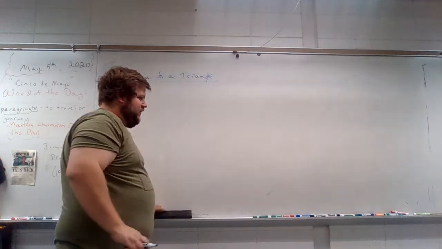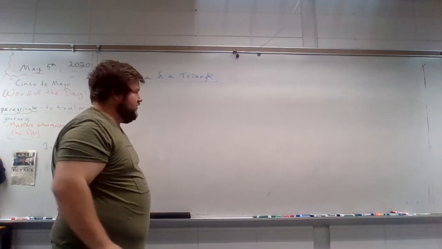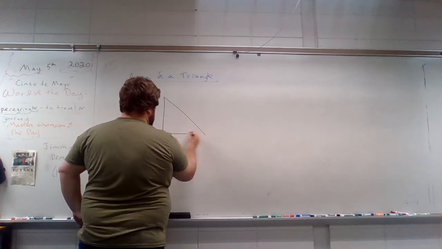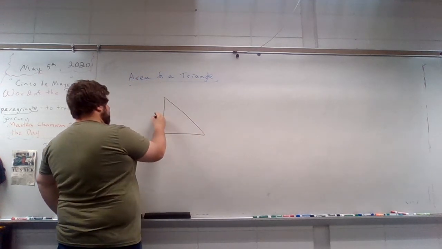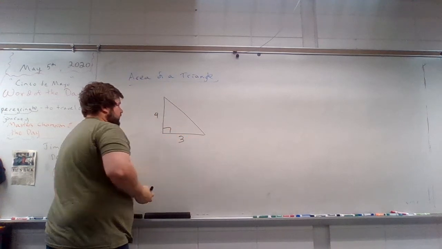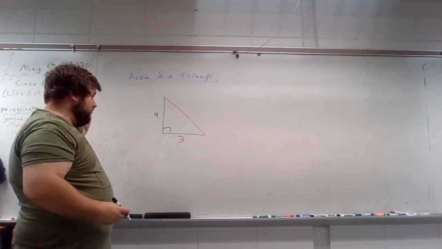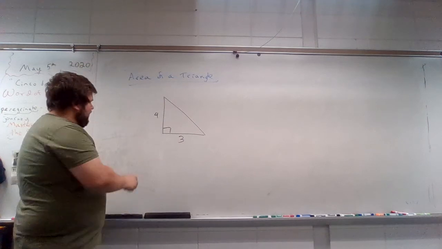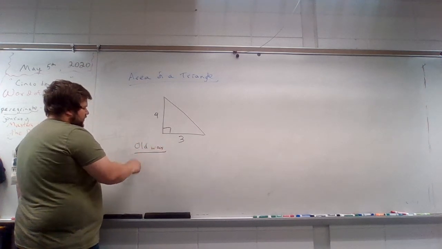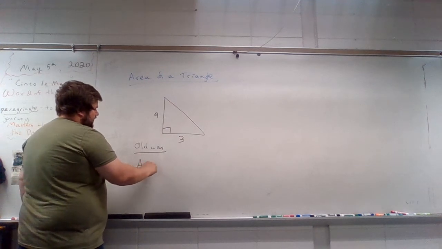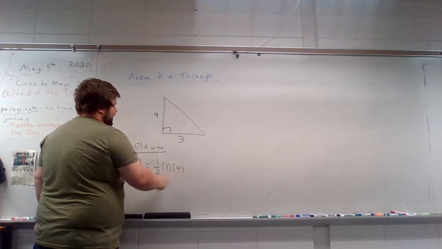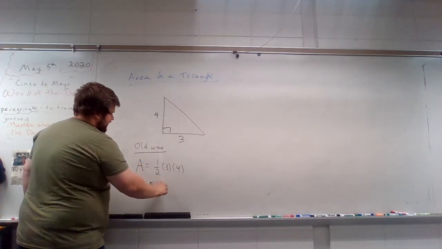Actually, let me do this first, and this might convince you of this formula. Let's take this one. So I have this triangle. The old way, which still would be fine on this one: that area is 1/2 times the base, which is 3, times the height, and I get 6.